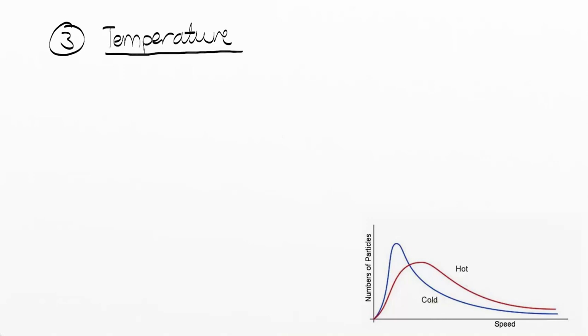So in order to recap, we'll describe what the explanation was for temperature. The first point was that temperature would increase the average kinetic energy of all particles. And then that results in what?